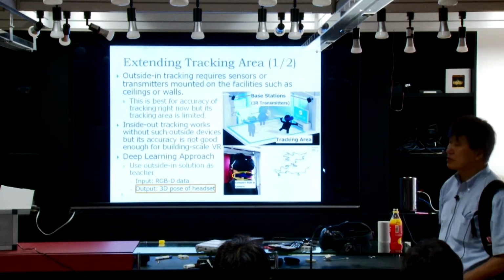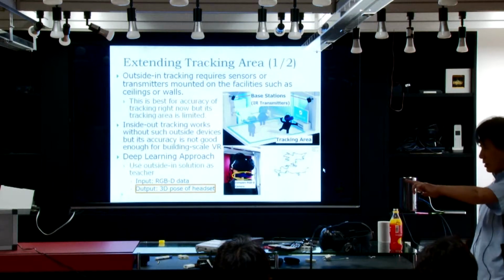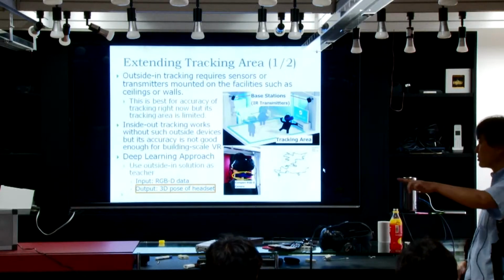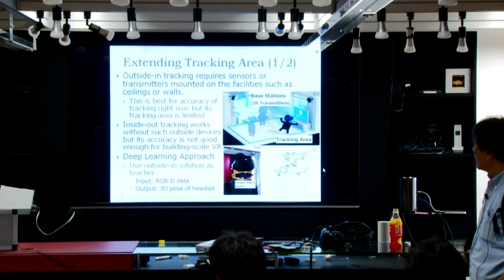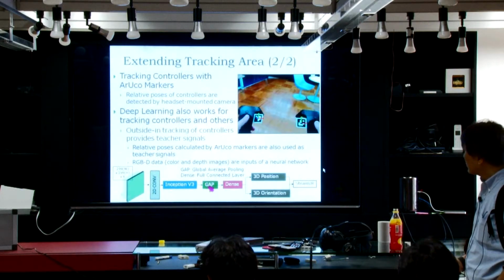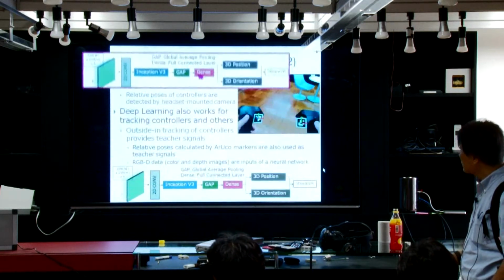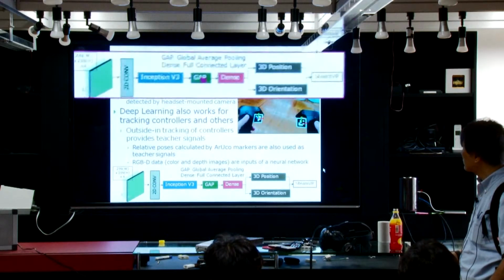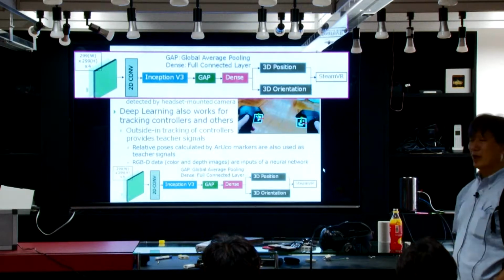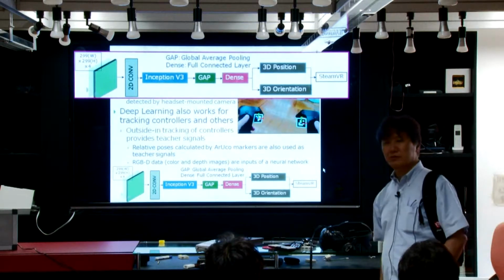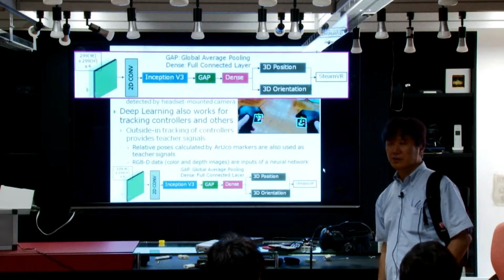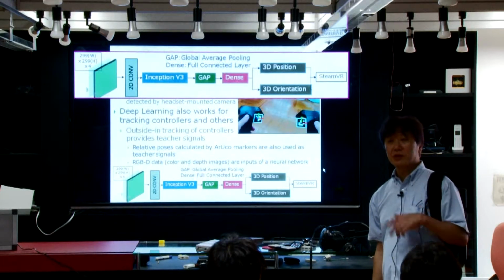And the output is a 3D pose, position and orientation. It's like this kind of deep learning network, a convolutional neural network, a very basic deep learning technology.